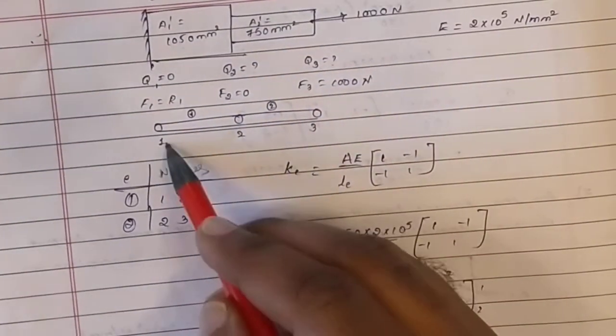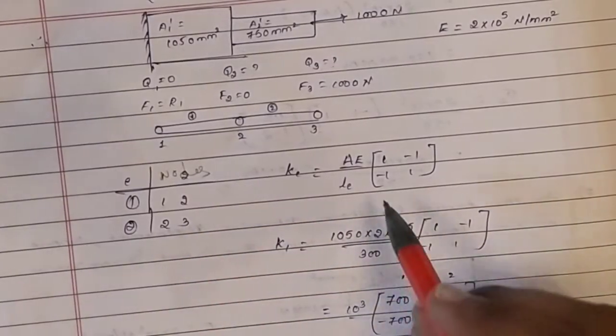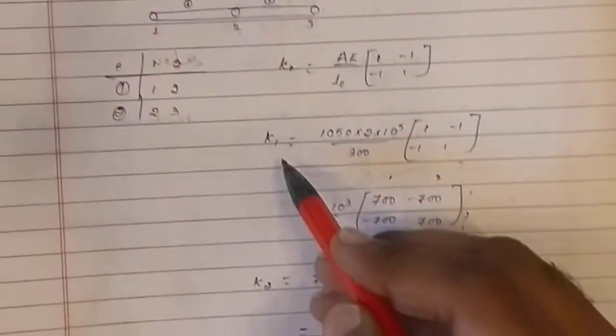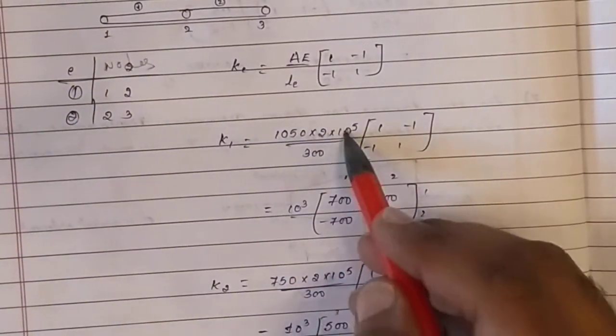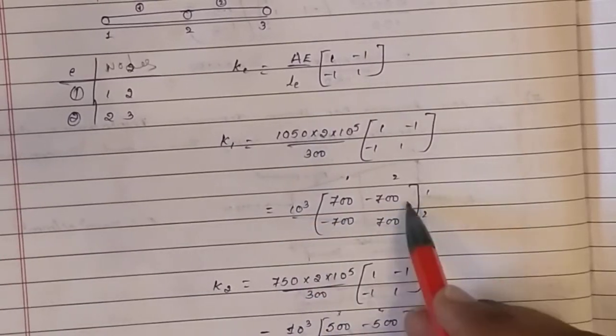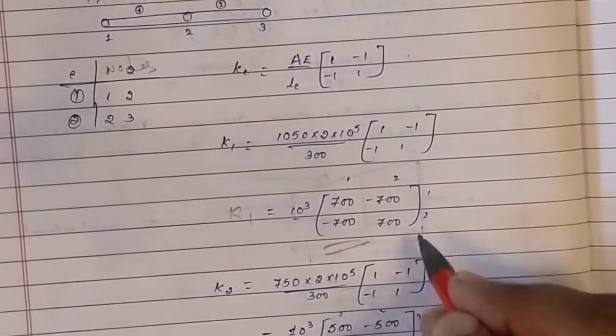The first element is between nodes 1 and 2, and the second element is between nodes 2 and 3. The element stiffness matrix K is equal to AE by LE times [1 -1; -1 1]. Write K1 as A1 E1 by L1 times [1 -1; -1 1], take 10 power 3 common and multiply everything inside, for nodes 1, 2.